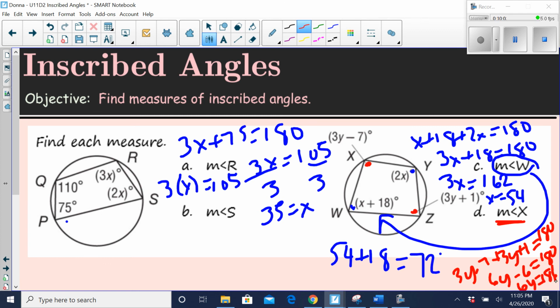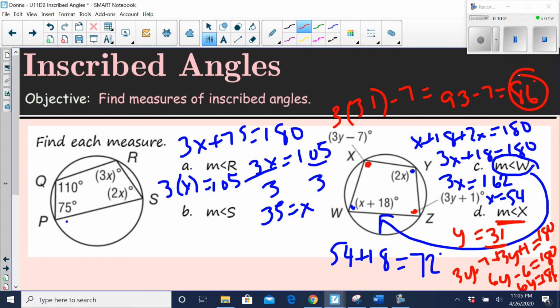And when I divide by 6, I get y equal to 31. So then if they want me to find the measure of angle x, it is right here. So I take 3 times, what was my y value? 31 minus 7. So 3 times 31 is going to give me 93. 93 minus 7 is going to give me 86 degrees.